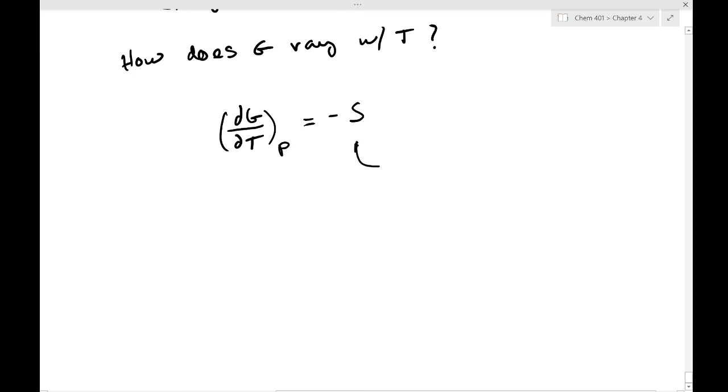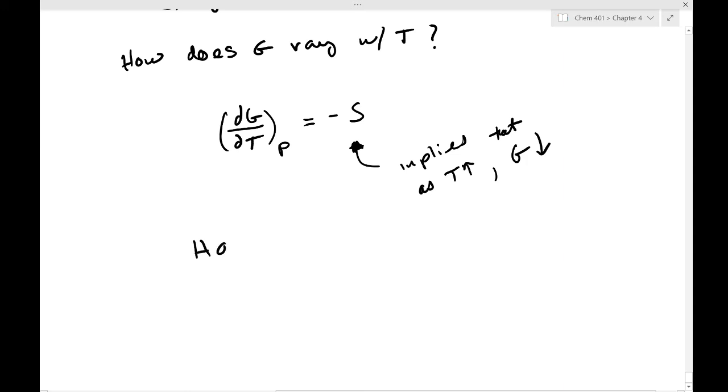The absolute entropy is never going to go down. It's always going to be positive, which implies that as T increases, G decreases, which is kind of weird if you think about it.